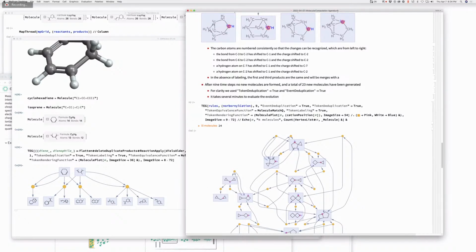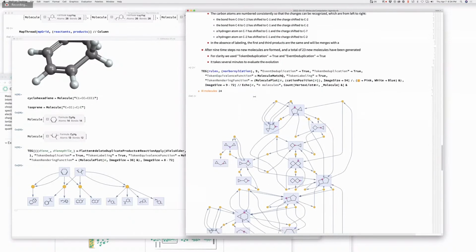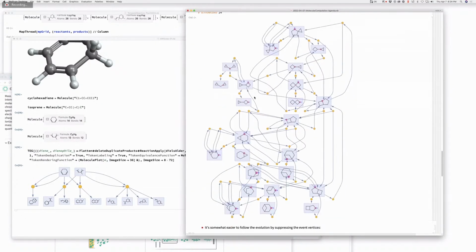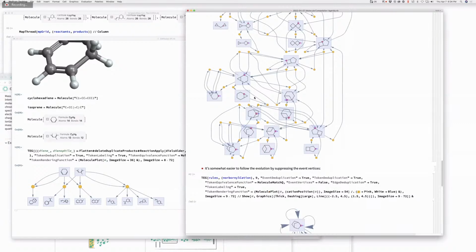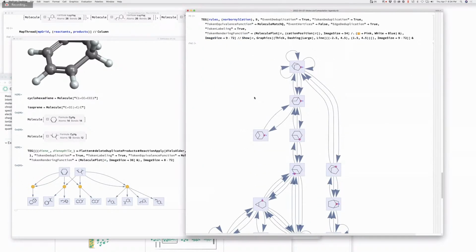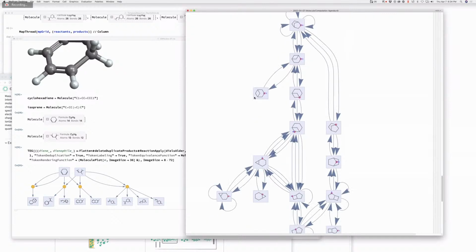Okay. So now you're going on with this token event graph. Right. And after 9 steps, you've exhausted all the possibilities. This layout here is just the default one you get. It actually starts at the lower left corner. But the next diagram, where I've removed the events, is top down from the first molecule to the next, going all the way down.